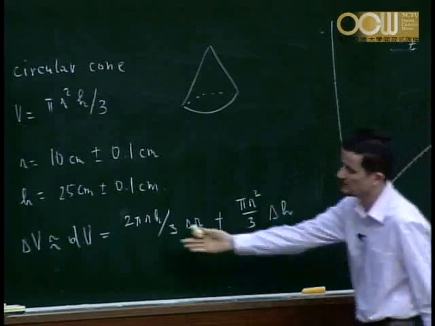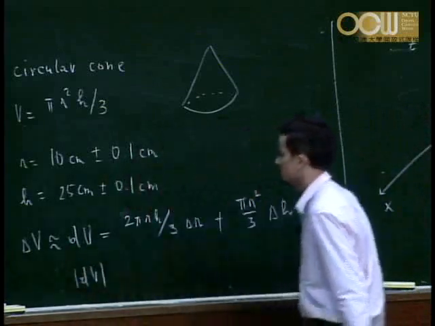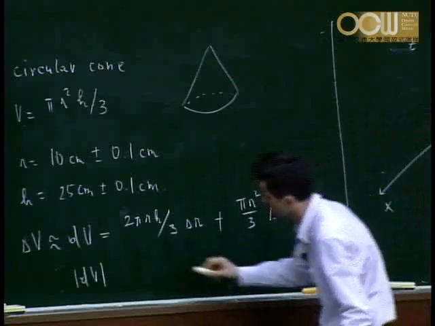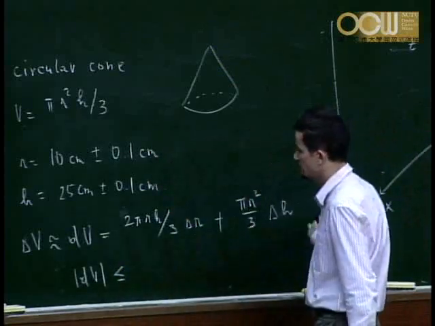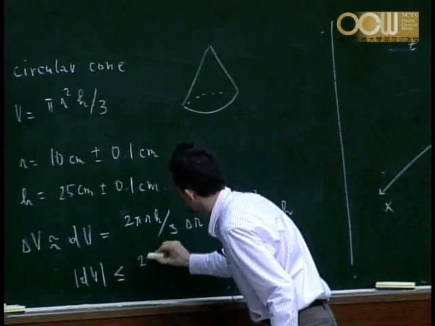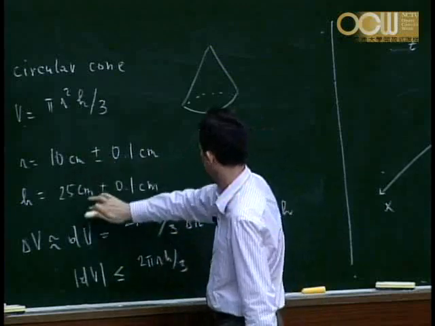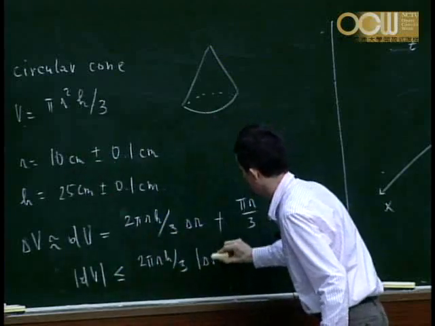And this is kind of easier because it's a linear function, so if you want to understand the absolute error, you just take the absolute value here. So what you get is 2 times pi times r times h over 3, and r and h are those two here, times delta r.